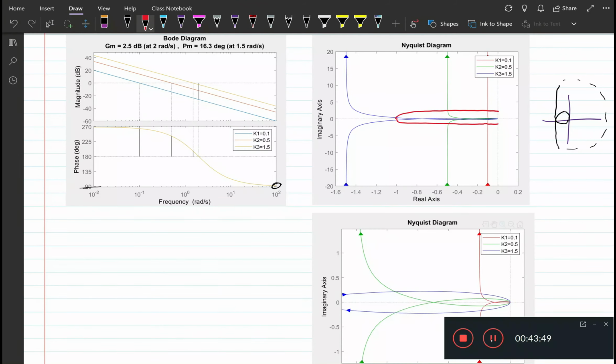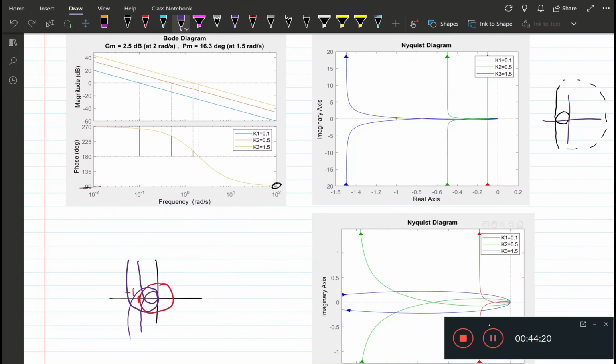So what this means is, let me just sketch a new one just to explain the idea. So if we have a circle like this passing through -1, and now if we have our Nyquist plot going like this, if we scale this thing up, we might have an encirclement of -1.